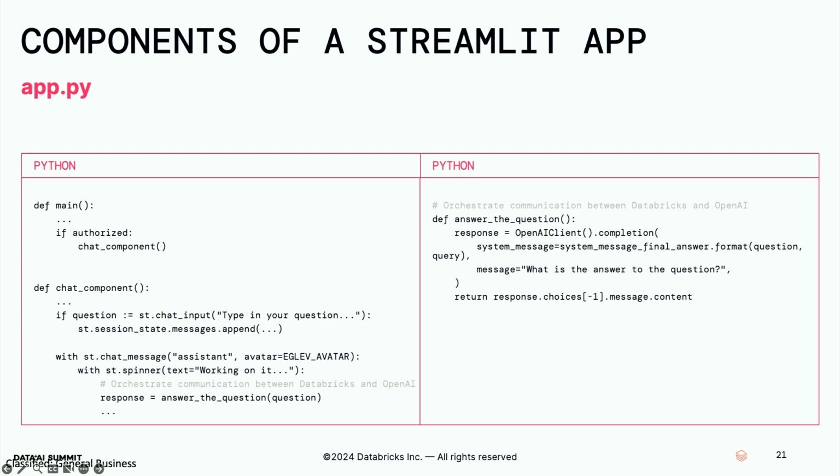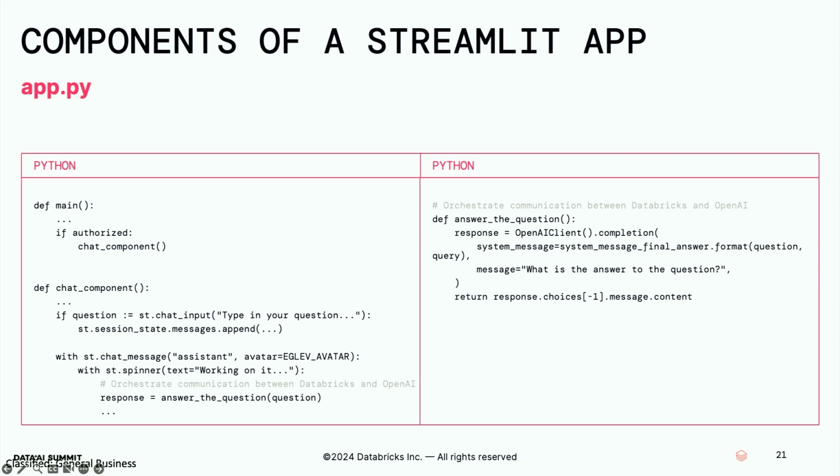When we are authorized, looking at the left-hand side again, as soon as the user is authorized, they should be able to see what we've called the chat component, the method underneath, where Streamlit also has a really nice, simple way of creating a chat web app. You just define the messages that your bot is supposed to send, and then it listens for user messages.